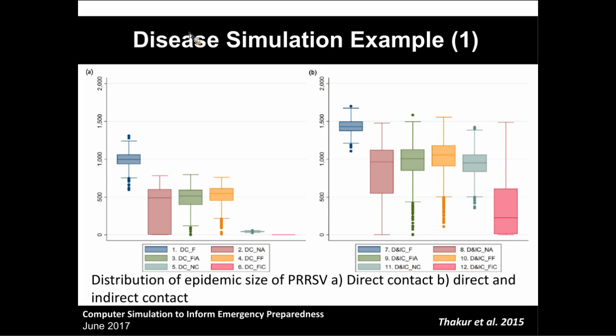So when they have both direct and indirect contact, the size of the epidemic was larger. The combined scenario also simulated larger epidemic size compared to direct contact only.